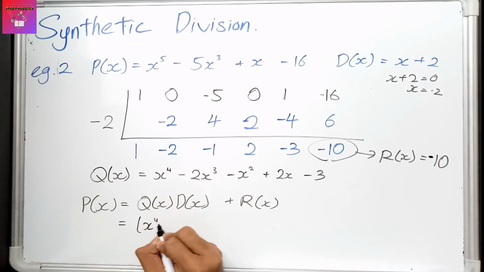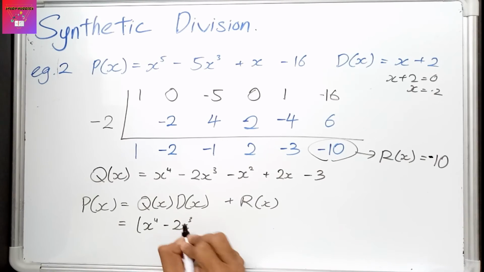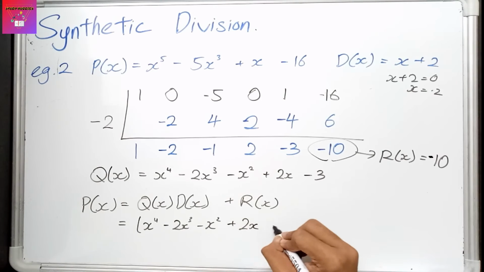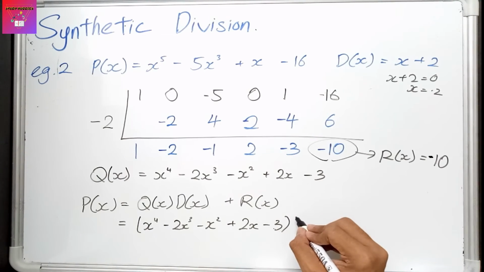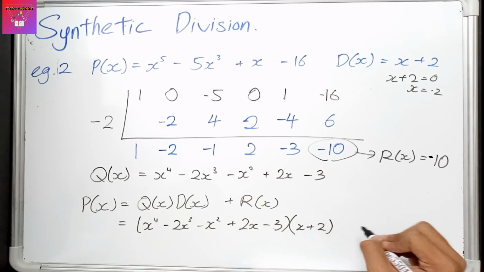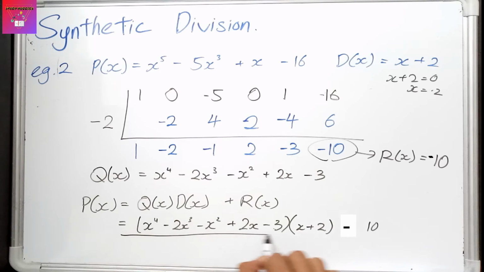So (x to the power of 4 minus 2x cubed minus x squared plus 2x minus 3) bracket times (x plus 2) plus negative 10. So this is the whole answer for this synthetic division. As mentioned, this is much easier than the previous one.